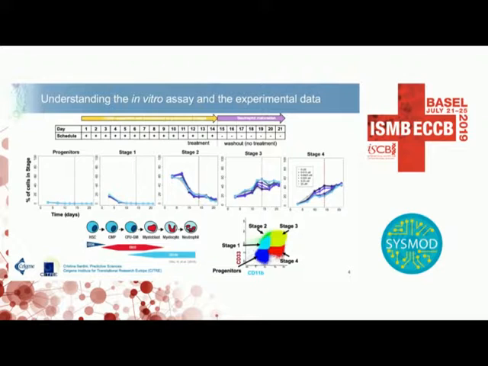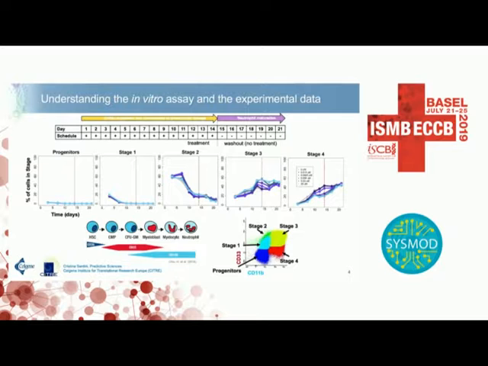And these cells are classified as progenitor cells, stage 1, stage 2, stage 3, and stage 4, which corresponds to the mature neutrophils, according to their cell surface markers, CD34, CD33, or CD11b.